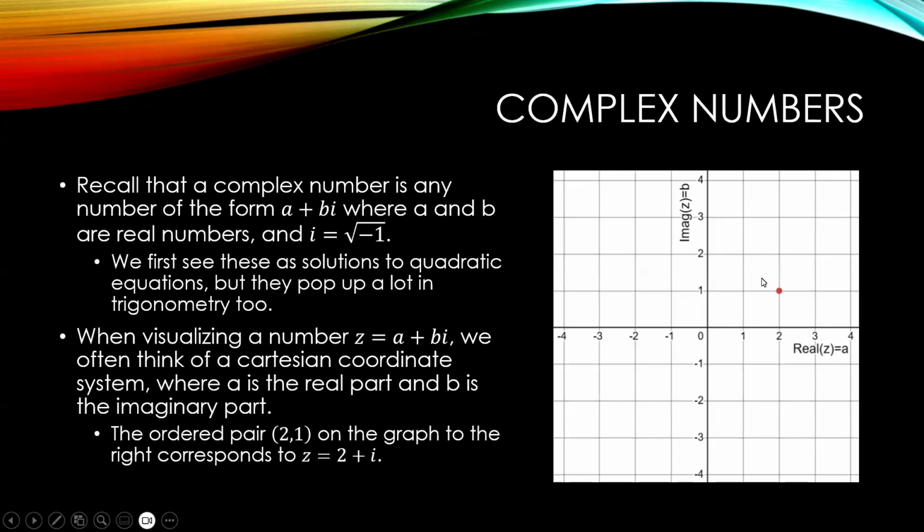And so in this case, the point (2, 1) would correspond to the complex number 2 plus i. And we could do this for any number. If we wanted to, we could go over here and we could say this value is going to be -3 plus 2i. We can get values in all four quadrants.